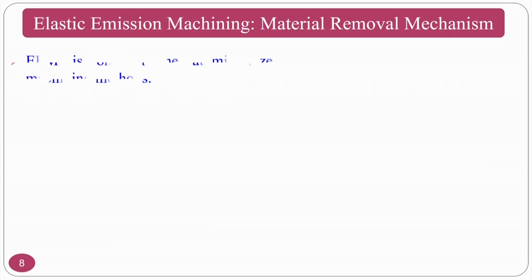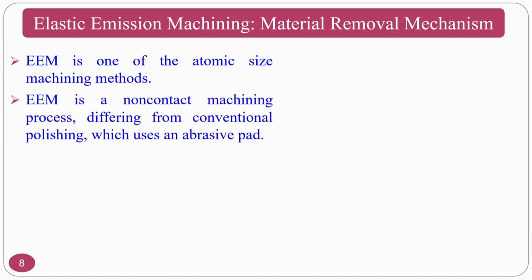So, even though it is non-contact, how the material removal is taking place, that we will see in the upcoming slides. EEM is one of the atomic size machining methods where you can remove the material atom by atom. Elastic emission machining is a non-contact type machining process, differing from conventional polishing which uses abrasive pads, because of which you will get the feed marks or the predominant direction of the surface roughness, that is nothing but the lay.